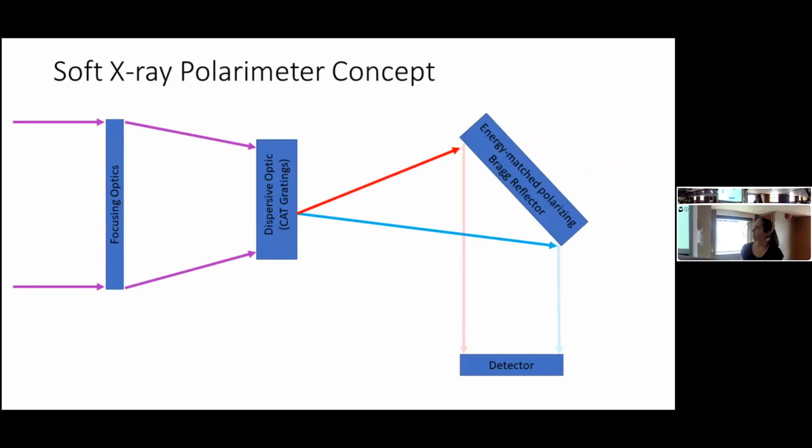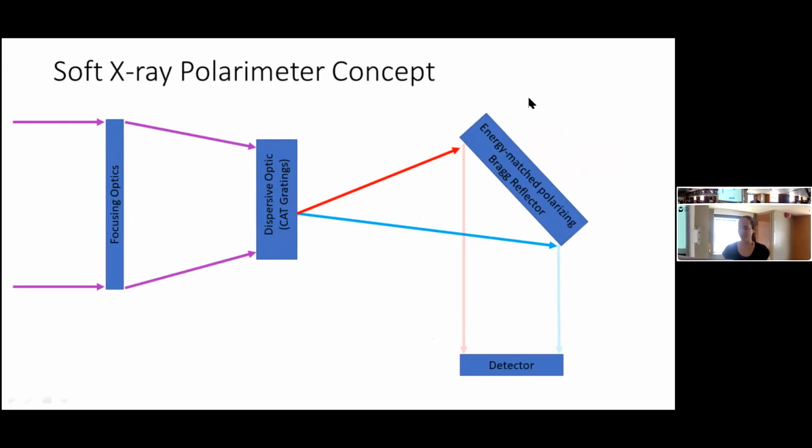All right, so this is our main idea of what our polarimeter looks like. You have light coming in from some astrophysical source, hitting a focusing optic, then going to a dispersive optic. In our case, we're using CAT gratings, which some of you know and love, and I'll talk more about later.